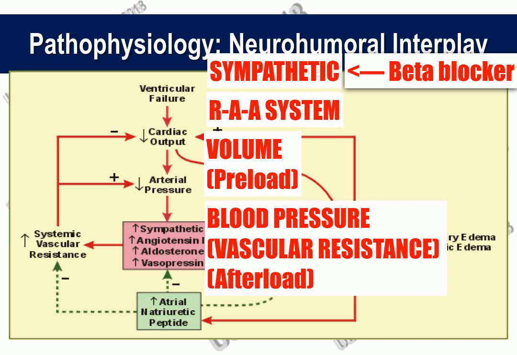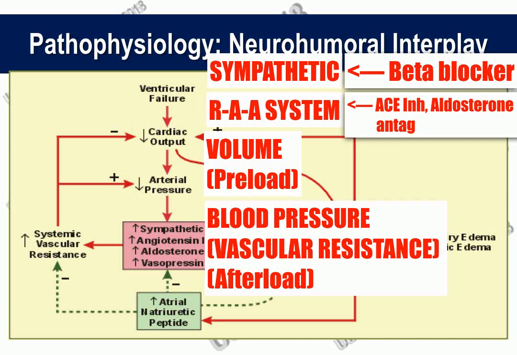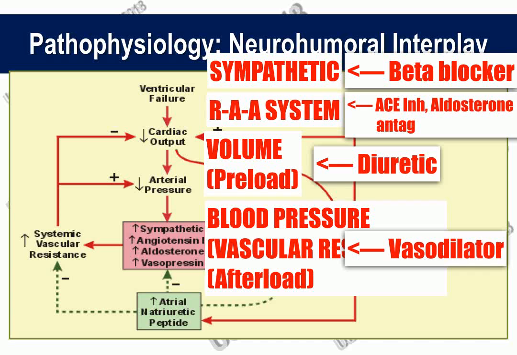To target the sympathetic, these patients need a beta blocker. RAA system, that's why you give ACE inhibitors and aldosterone antagonists like spironolactone. Of course, the volume or the preload is managed by your diuretics. And in some patients, in order to control the vascular resistance, to decrease the afterload, you give this patient a vasodilator.